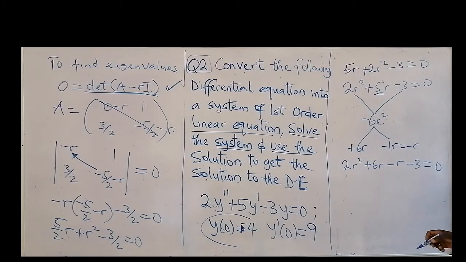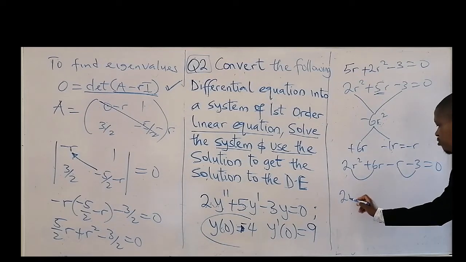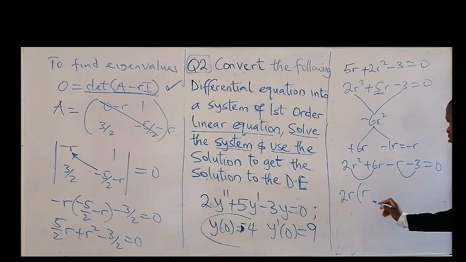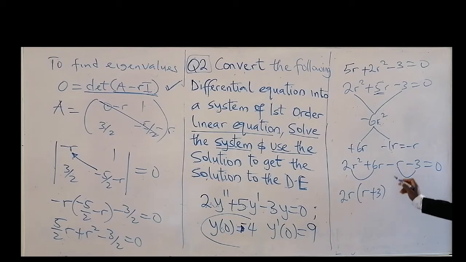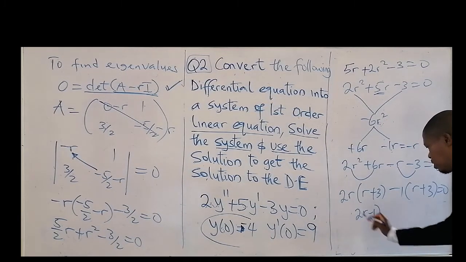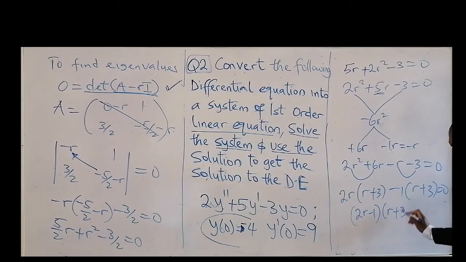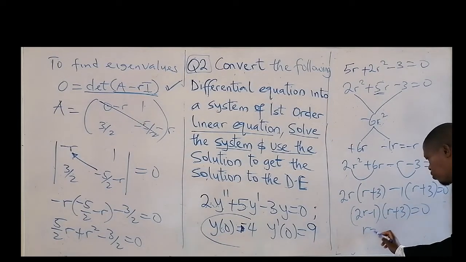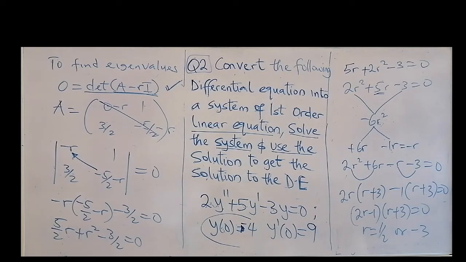Pair this one and pair this one. 2r is common here, so I have 2r times (r plus 3), and here, taking minus 1 outside, minus 1 times (r plus 3), equal to 0. So we have (2r minus 1)(r plus 3) equals 0. So r is equal to 1 over 2 or minus 3.